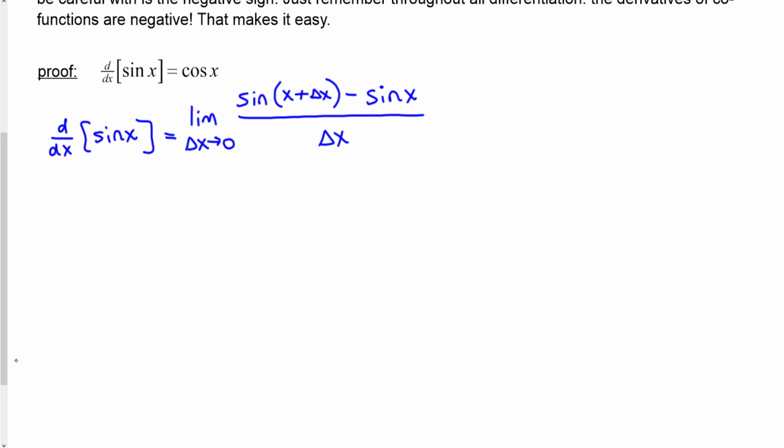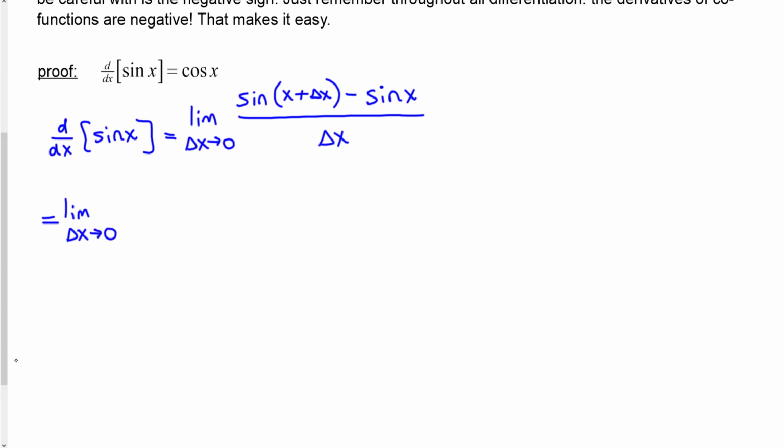Now, there is a rule from trigonometry about how you can handle the sine of a sum of angles. If you have the sine of two angles that are added together, there's a formula that tells you how you can split that up. We need to use that. So this is going to be the limit as delta x goes to 0.